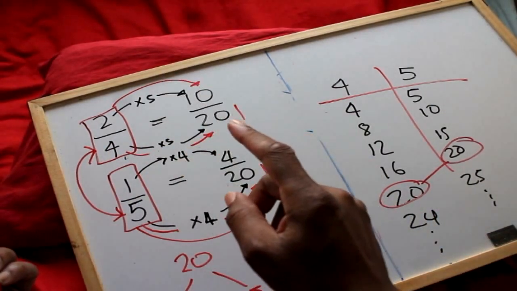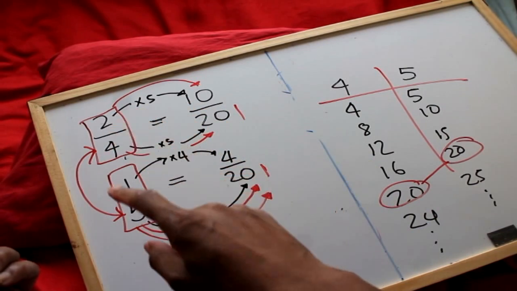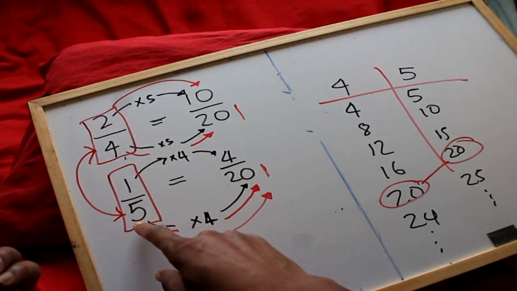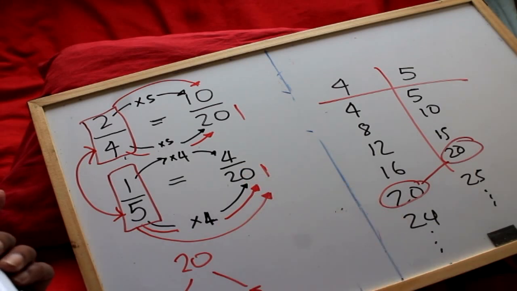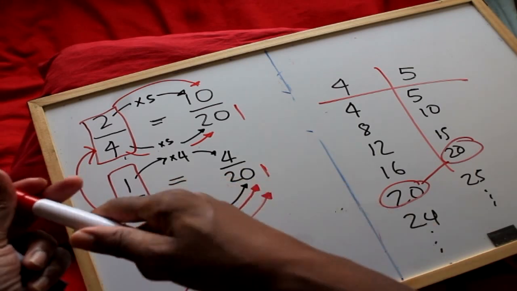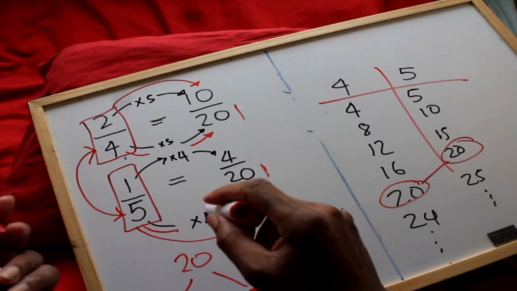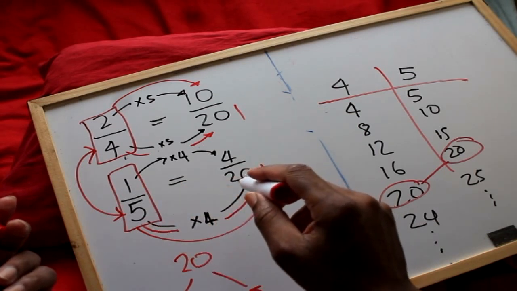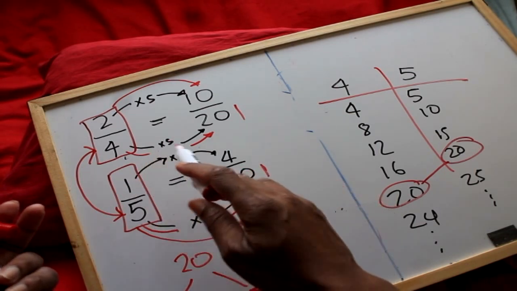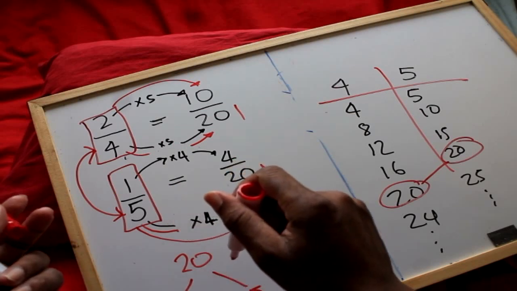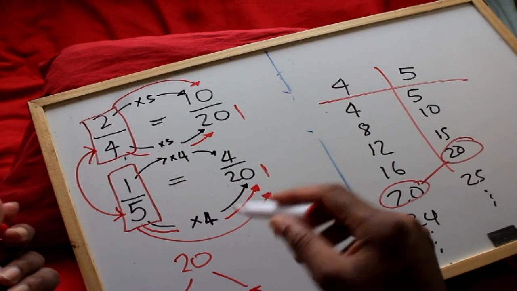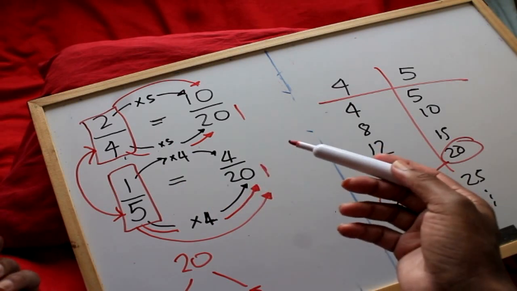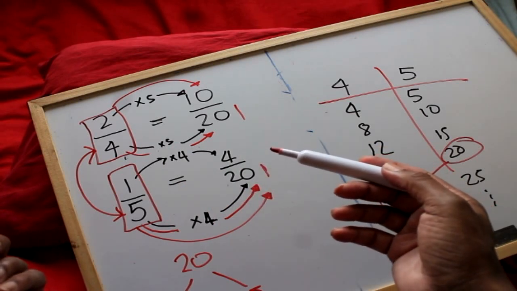How many times do I have to multiply the denominator in the second fraction to get the common multiple? Then, when you found that number, multiply the numerator and the denominator by that number, and it will give you the equivalent fraction. So for instance, I found out that our lowest common multiple was 20.